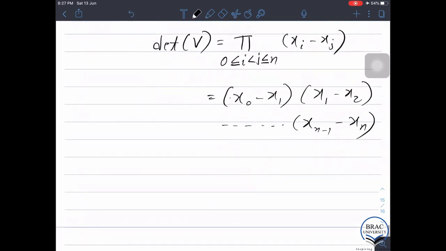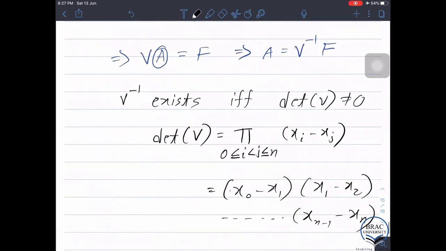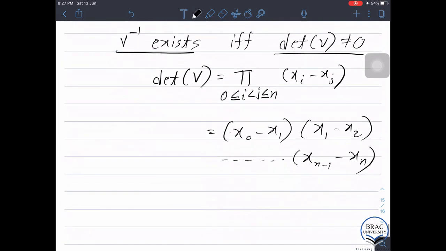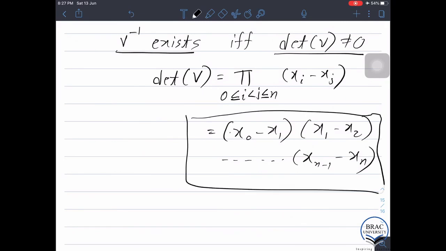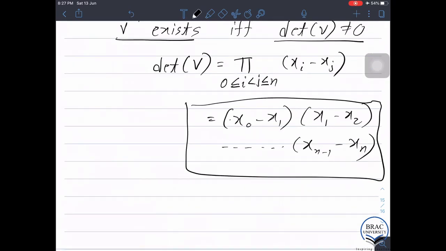So you'll have a lot of products, but it can only be non-zero because I said that V inverse exists if this determinant is non-zero, and this will be not zero if and only if all the nodes, that means xi is not equal to xj if i is not equal to j.